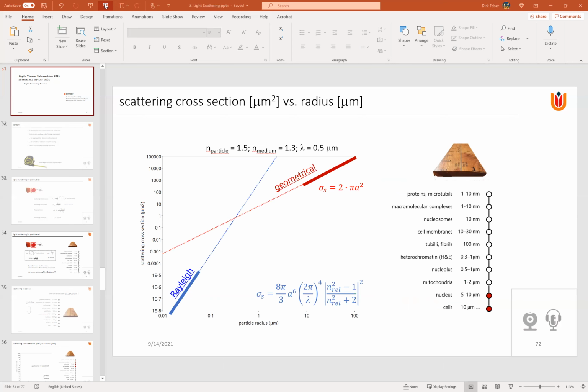So that would give you this second asymptotical line. So for small particles, we have Rayleigh scattering. For the large particles, we have geometrical scattering, where the cross section is 2 times the cross-sectional area. And I'm just assuming a sphere here. That would look like that. This would be the asymptotes of what we can expect.